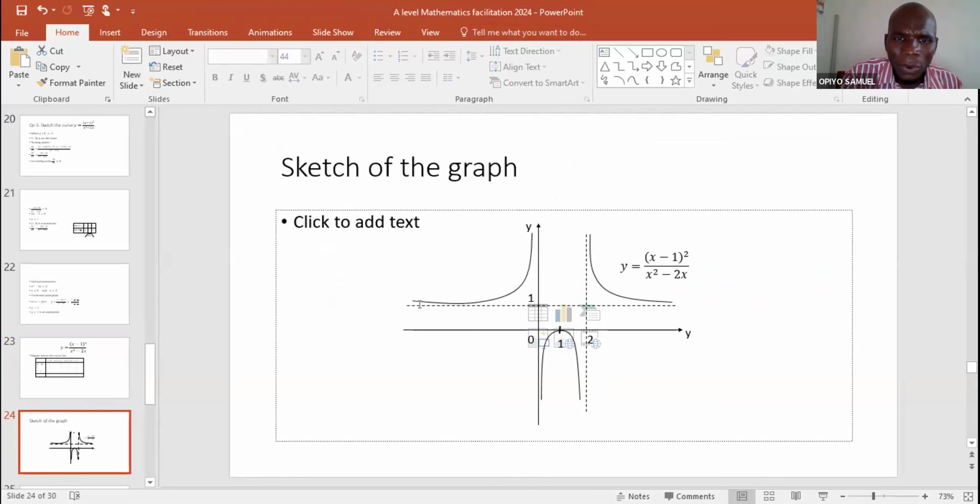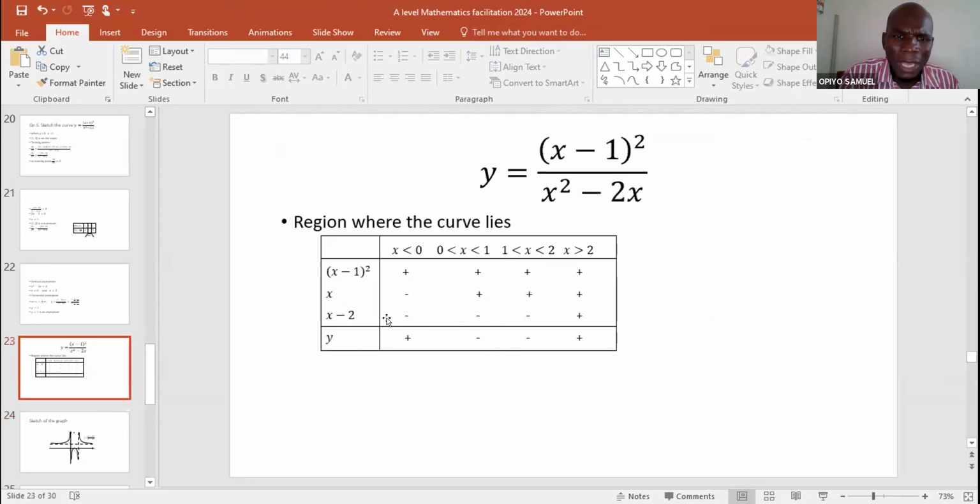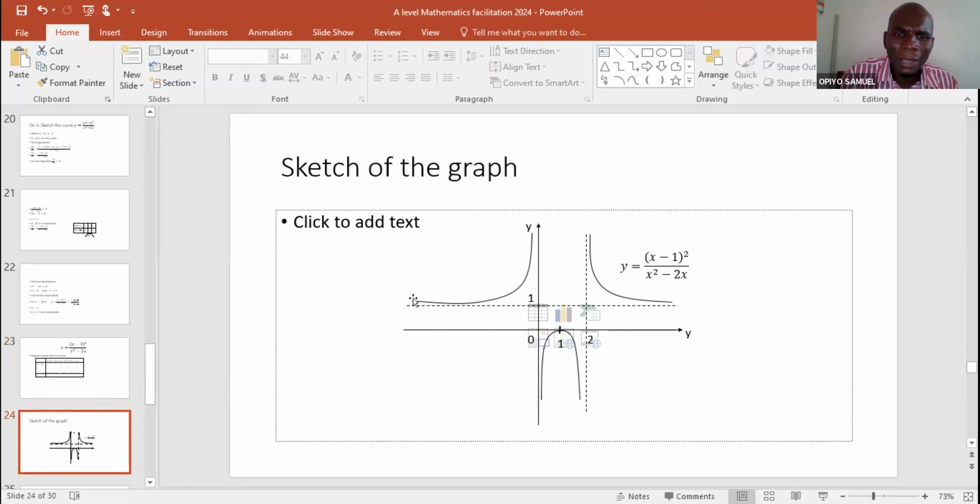Then here, also we have y equals 1, another line of asymptote. When you look here, for x less than 0, the curve should lie on the positive part of the y-axis. That's why it is here.